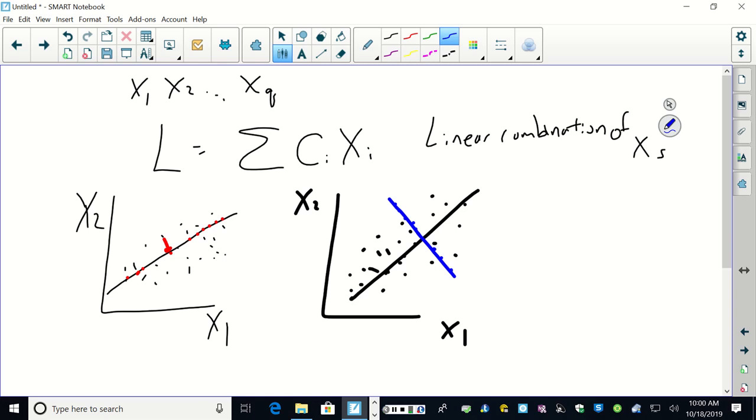And so that numerical technique gives you these other variables, and then we look at how the variables get defined. Sometimes the coefficient c will imply that we want to average variables together, so maybe I'll just take the average of them, and that's our first one. Sometimes they will take a group of variables, add them together, and the coefficients will be negative on another group of variables. So it's kind of a difference between sets of variables.